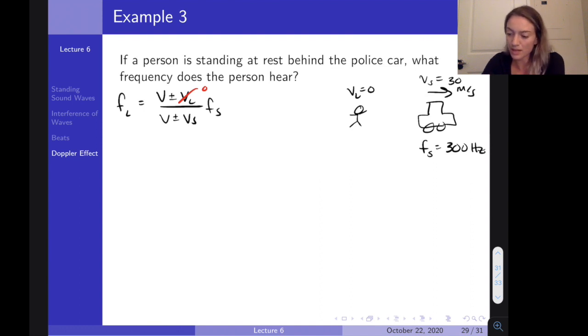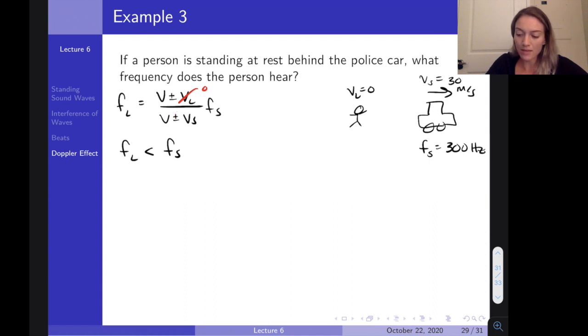It's 30 meters per second. So should it be plus or minus? Well, since they're moving away from each other, the police car is moving away from the person, we expect FL to be less than Fs. So if we expect FL to be less than Fs, that means this has to be a positive down here, right?